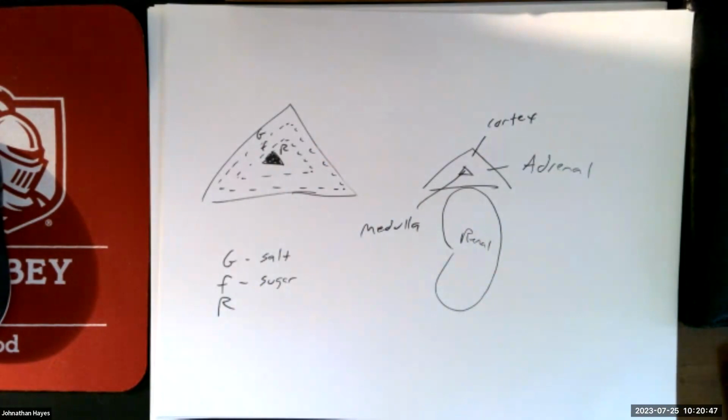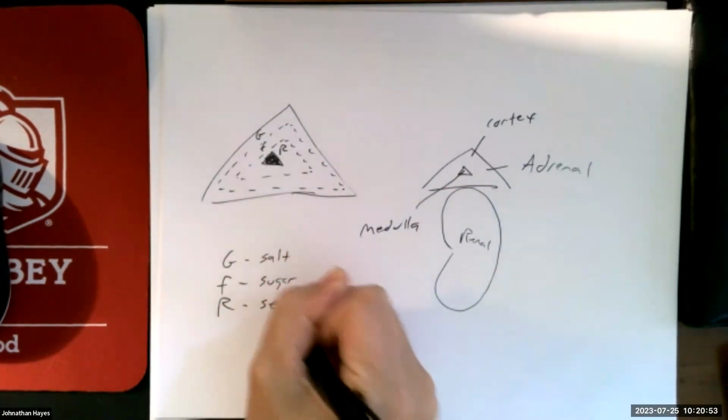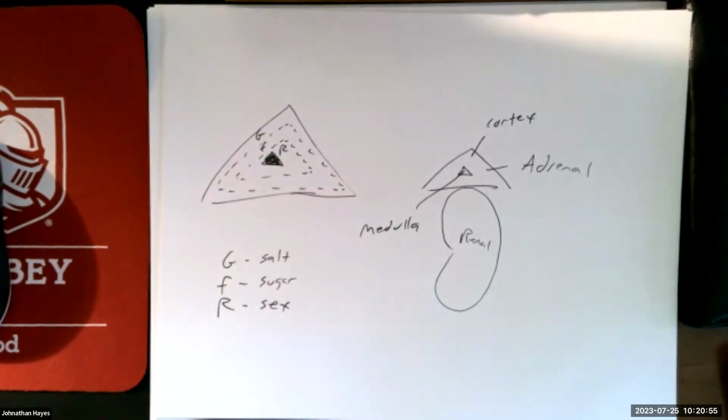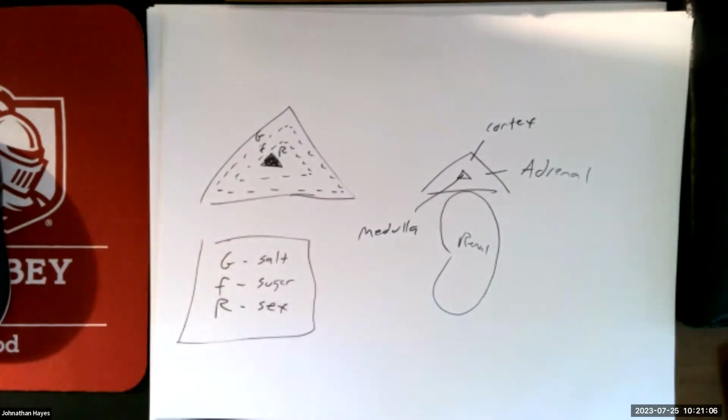It's not why we think about cortisol, but that's one of its main functions. And then zona reticularis makes adrenal androgens, which is part of sex determination as a fetus. And it's also going to help with testosterone production later. So the mnemonic we remembered when we were in school was GFR, salt, sugar, sex.